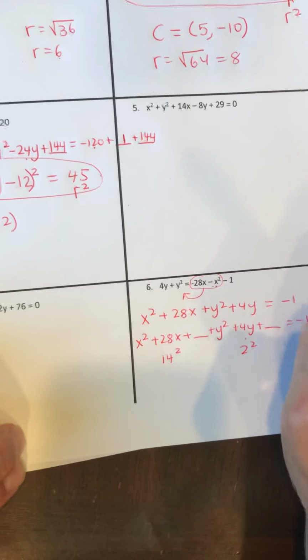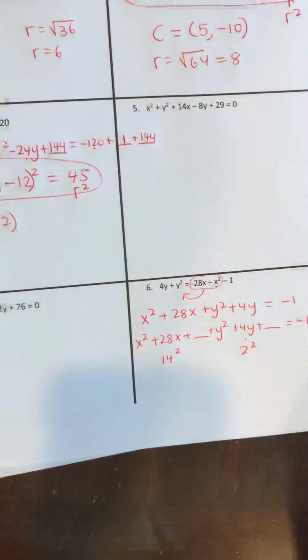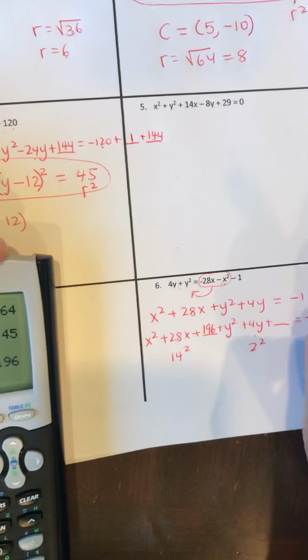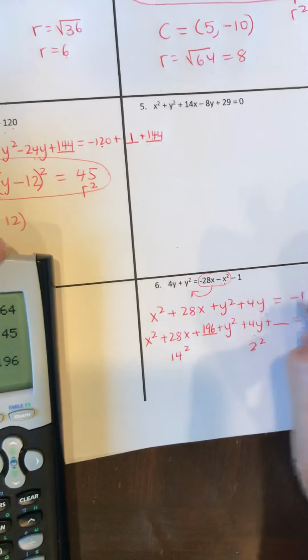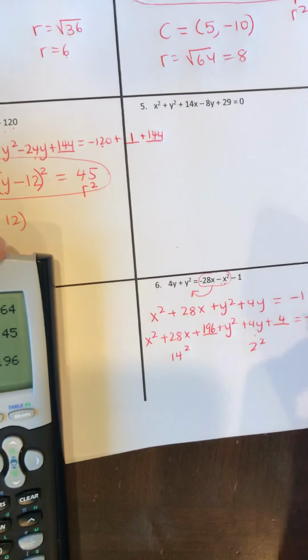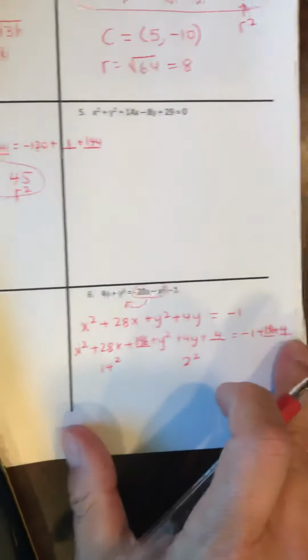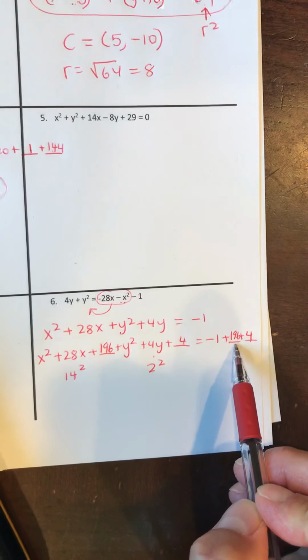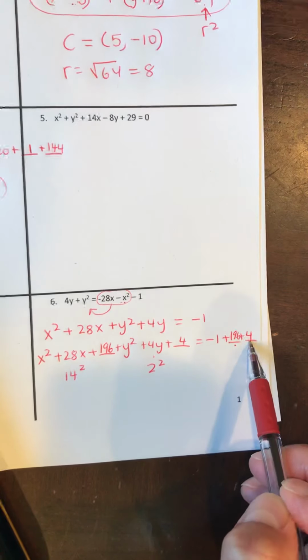So I have to add both of these numbers on the right side. I believe 14 to the second is 196. So we're going to add that to both sides. 2 to the second is 4. So I added the 196 and the 4.